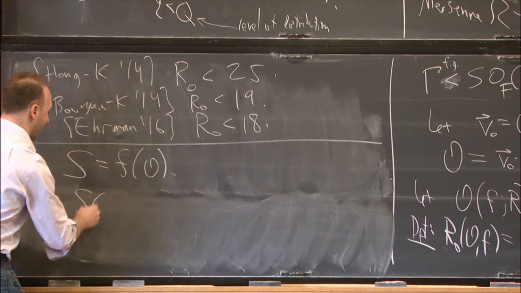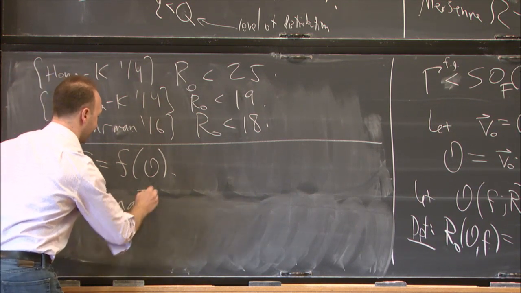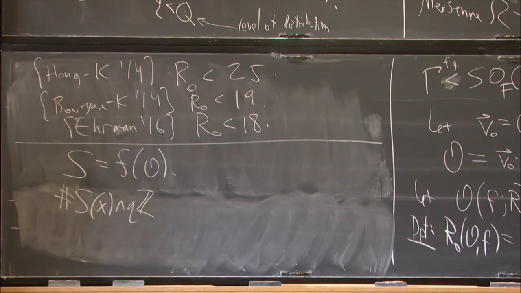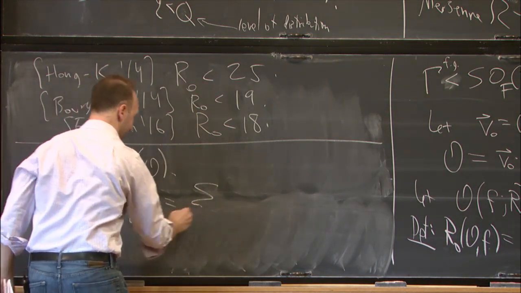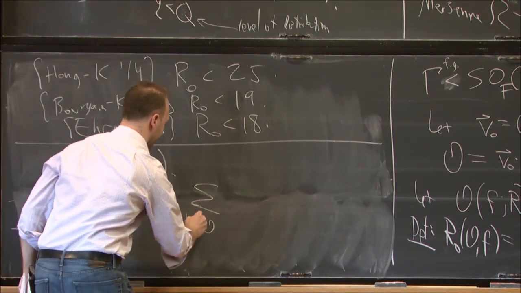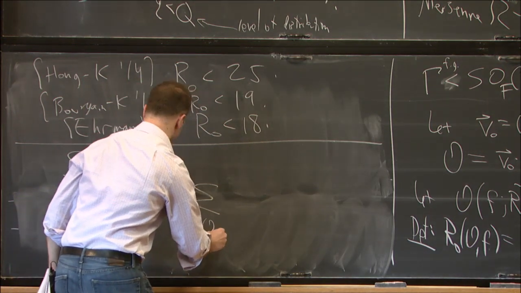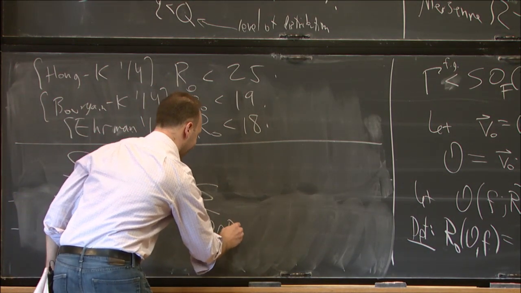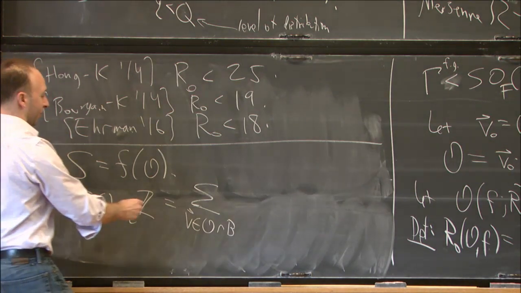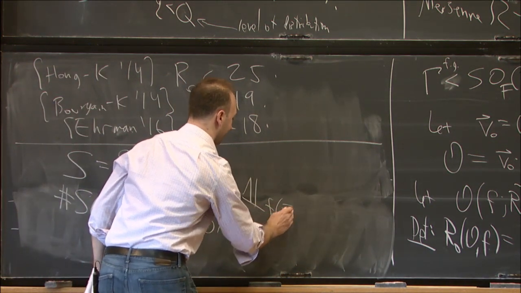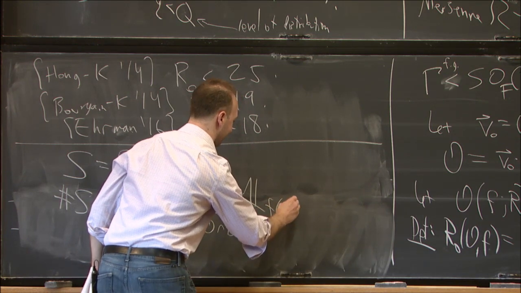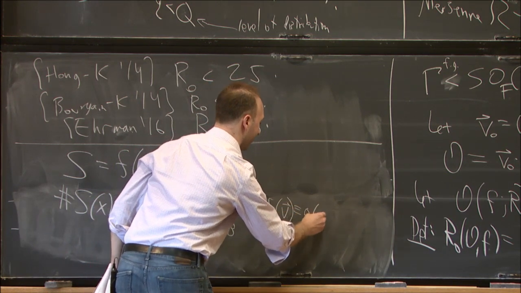You'd like to know how many points there are in a progression, which means how many vectors in the orbit of size, I'll tell you what the size is in a second, with the property that f of the vector is congruent to 0 mod q, right?